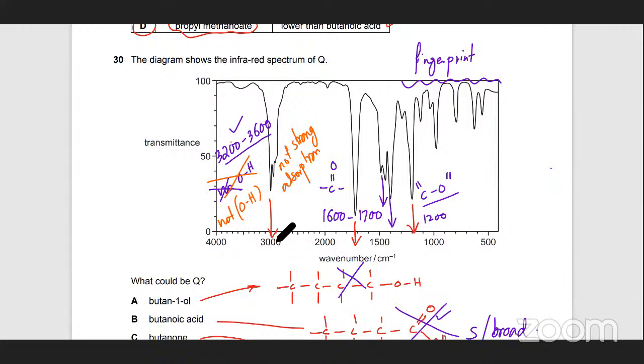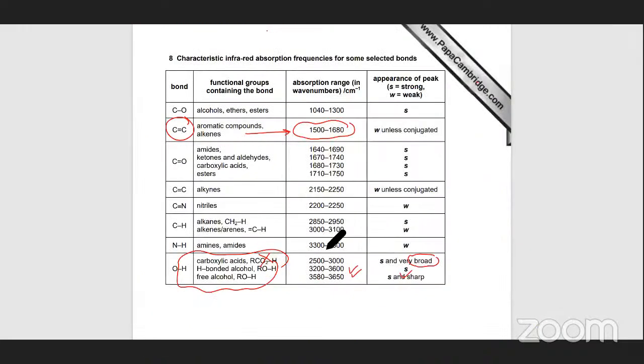What is it then? What is the absorption at 3000? There are other things absorbing frequencies at 3000, and that must be this one. At exactly 3000, you have the CH, and the CH peak is not a very strong one. It's sometimes strong, it's also weak.